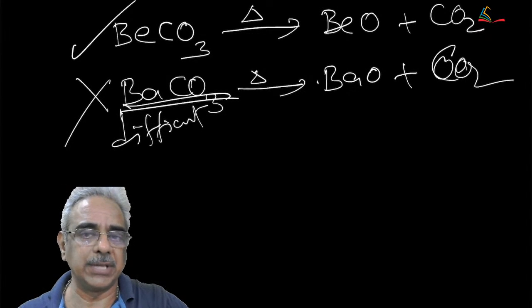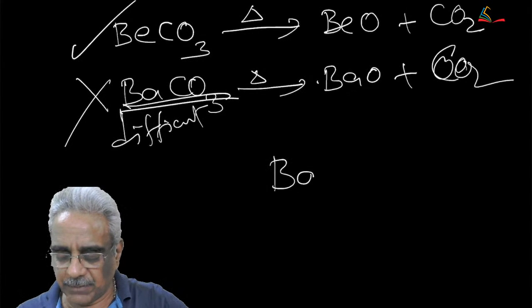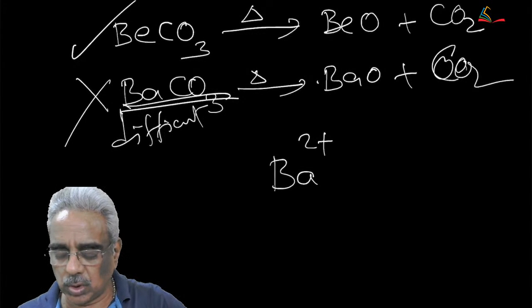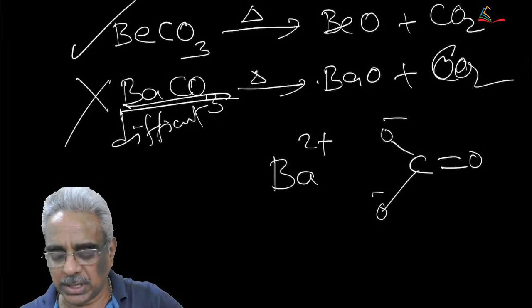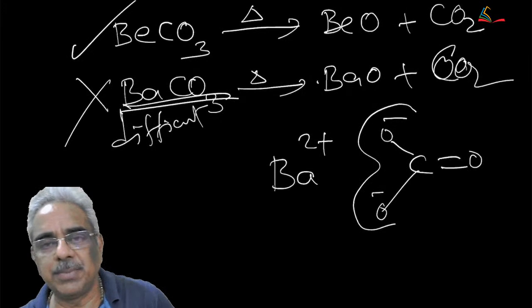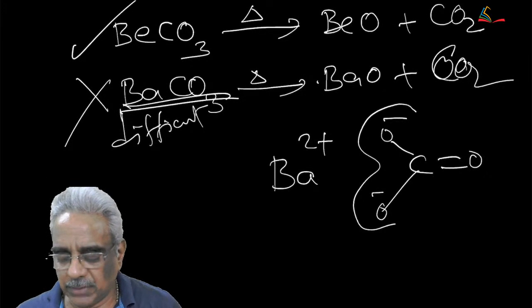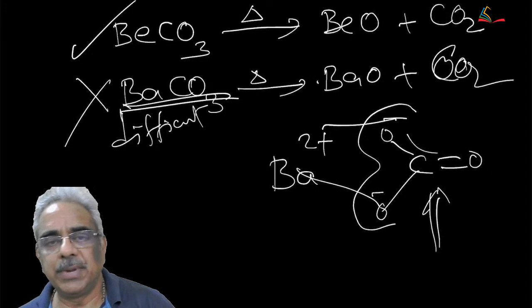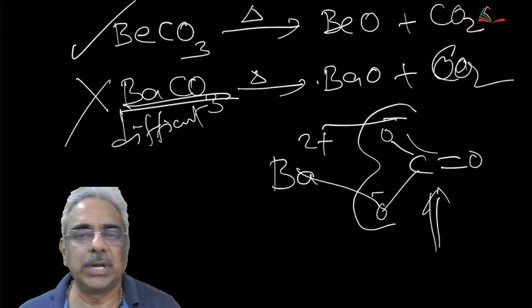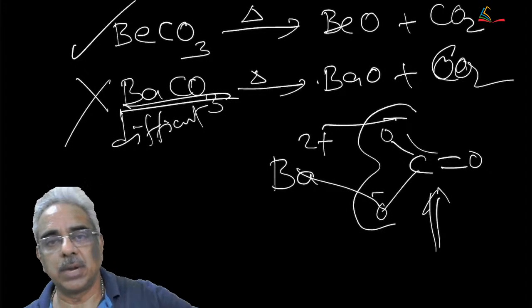More ionic in nature. See, barium being a very big ion will not go to the carbonate ions for polarization. No polarization. If there is no polarization, the charge will be stabilized on carbonate and there will be resonance taking place, and this is stable. If this charge is stolen by somebody, this will get destabilized, and on heating, that will release carbon dioxide.